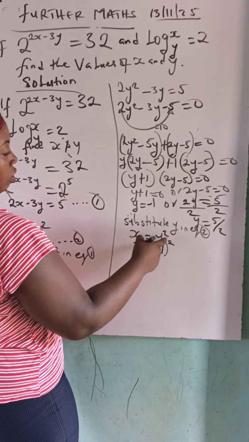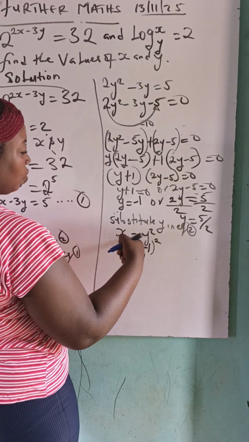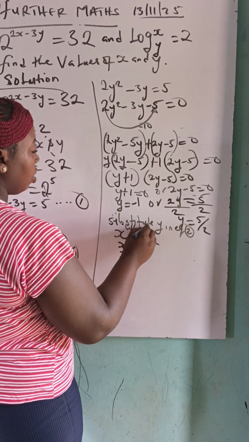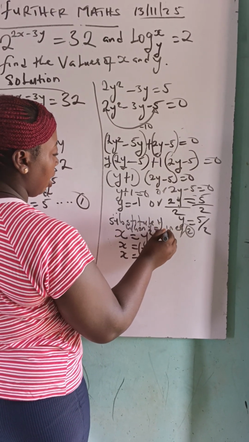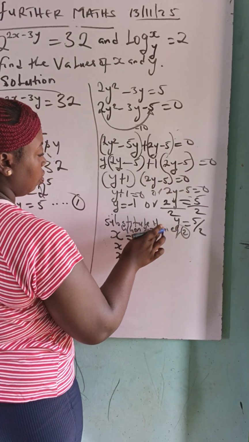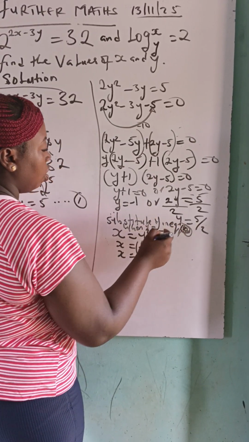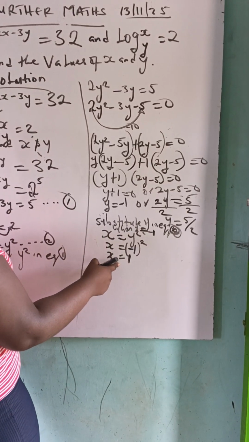Now we have two values of y. When y is equal to minus 1, our x will be 1.